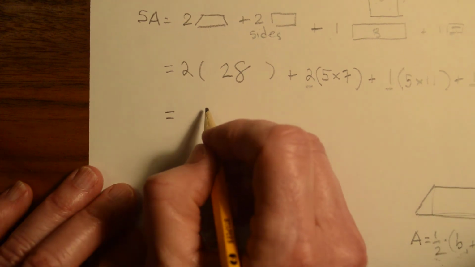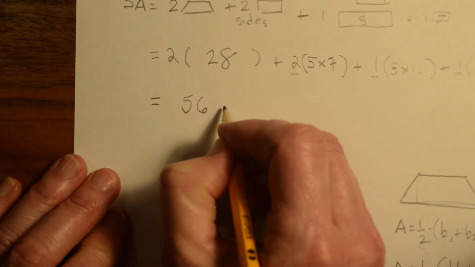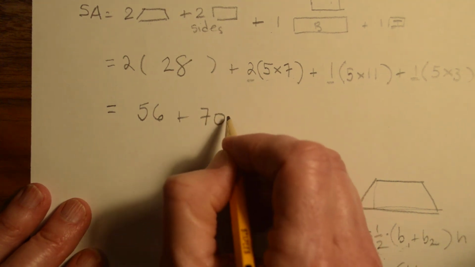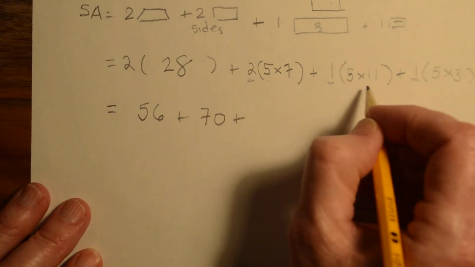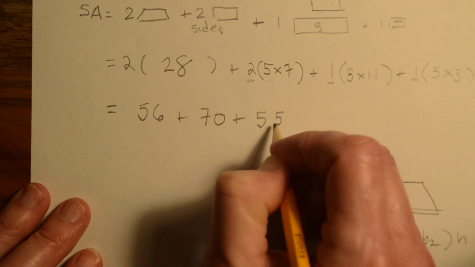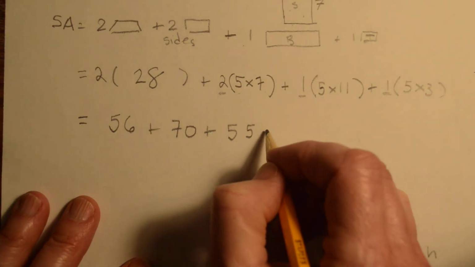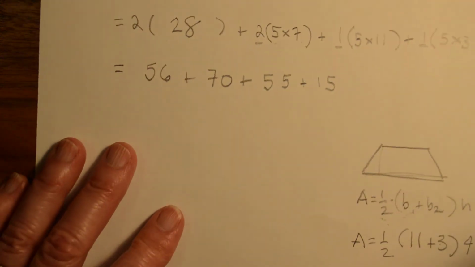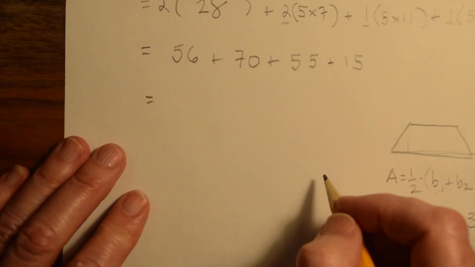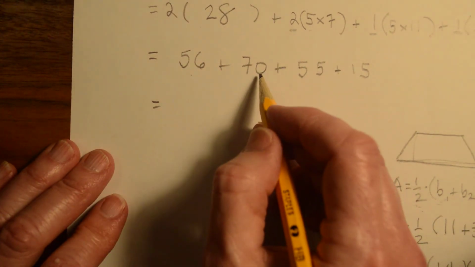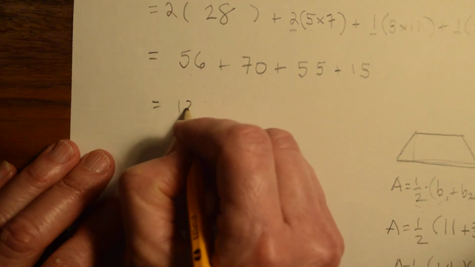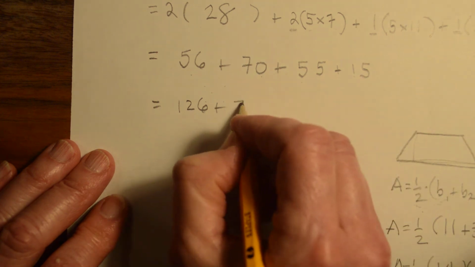Okay, 2 times 28 is 56. 5 times 7 is 35, times 2 is 70. 5 times 11 is 55. And then 5 times 3 is 15. All right, so then we do 56 and 70 is 126, plus that's 70.